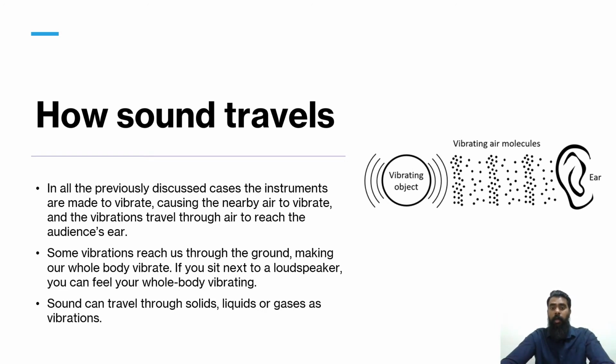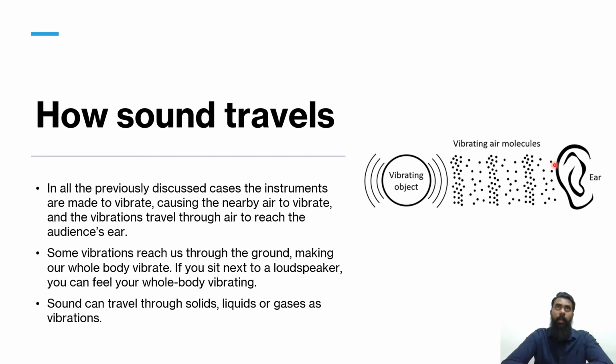causing the nearby air to vibrate, and the vibrations travel through air to reach the audience's ear. So we can sum up that whenever an object vibrates, the air next to it is made to vibrate, and the air reaches our ear and we can hear the sound. Some vibration reaches through ground, making our whole body vibrate.